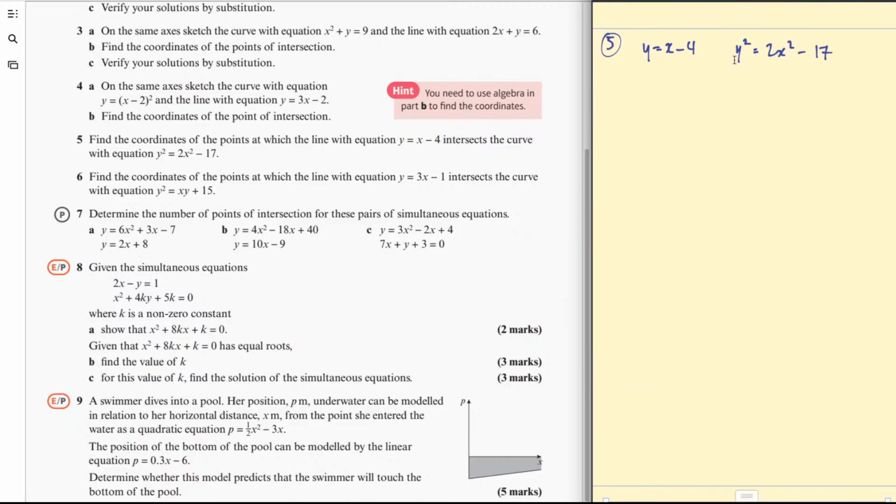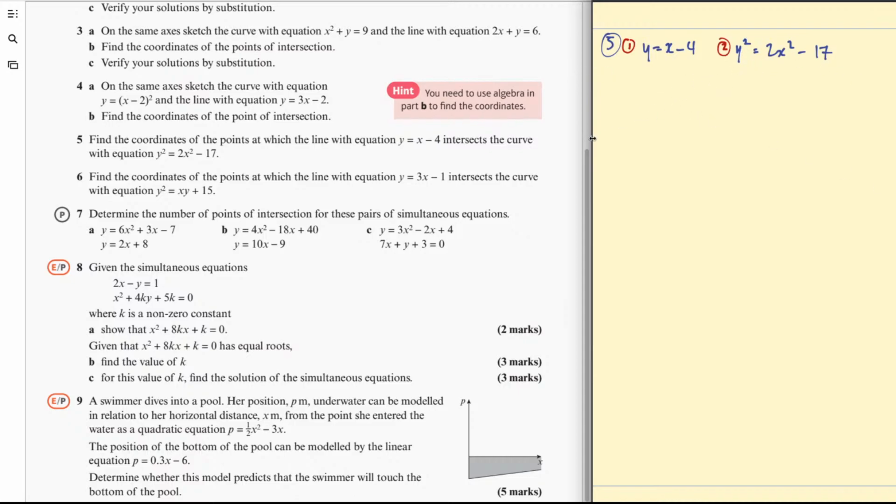So let's try to do this algebraically and see what we get. Yeah, so substitute that x take 4 in for y. So let's just label them. This will be equation 1, equation 2.